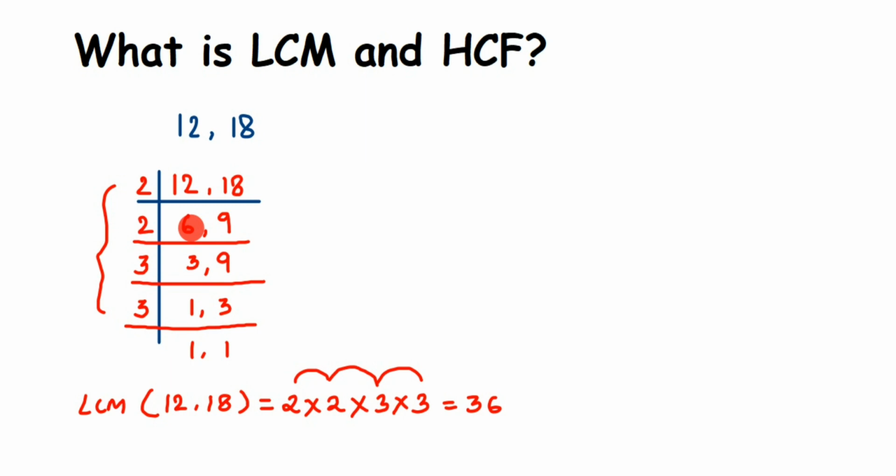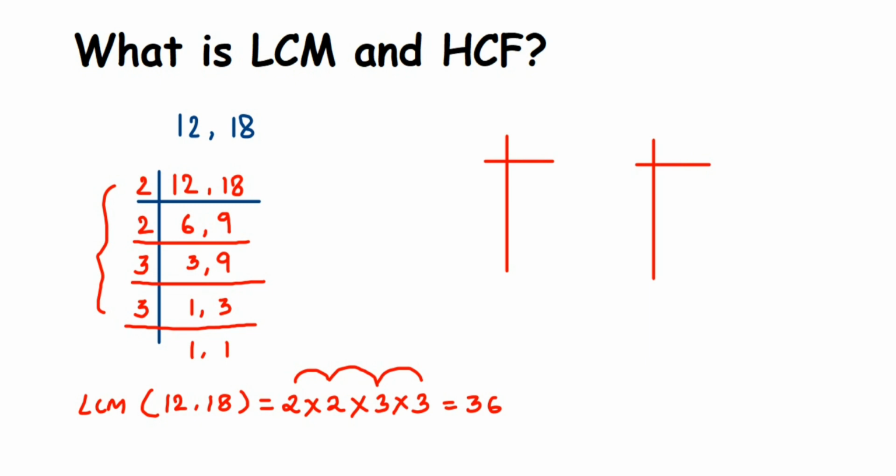That is, I'm going to do the prime factorization of 12 separately and of 18 separately. In LCM we did it together, but for the HCF I'm going to do it separately. You can do it together, but that method is different from the LCM, and you have to understand the logic there. I don't want to confuse you with that method, so I'm going to do it separately.